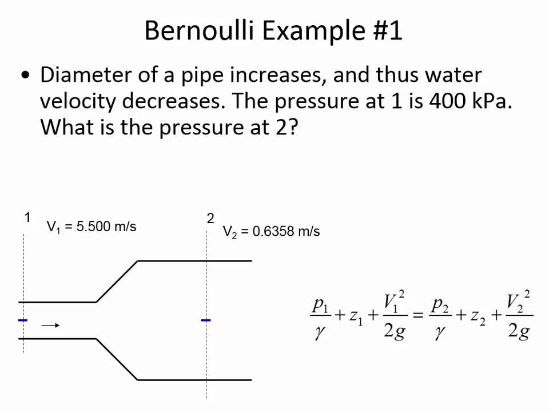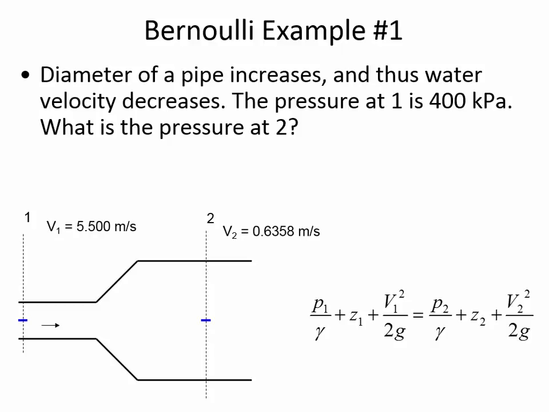Here is a pipe that's changing diameter, and I've given you the velocities. I don't expect you to calculate those with Q equals VA. They're given directly, just to give you a sense for how much the pressure is changing as a result of velocity changing. Now, when I create examples, I have to be really careful to create examples where there's actually an effect that you can observe.